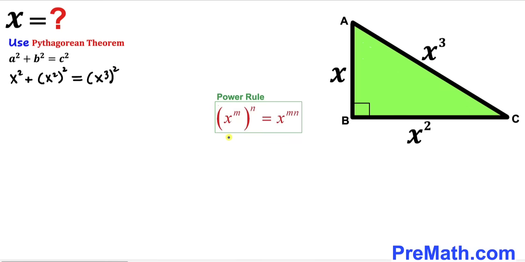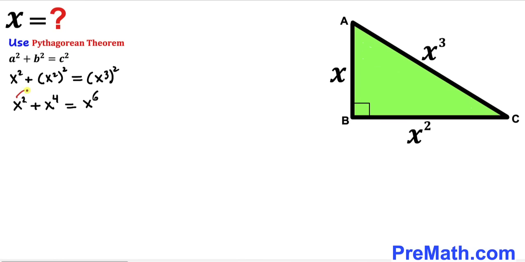Here we have nested exponents, x to the power m and then to the power n, which is equal to x to the power m times n. We are going to apply this power rule on these two terms. Therefore we can write x squared plus x to the power 4 equals x to the power 6.